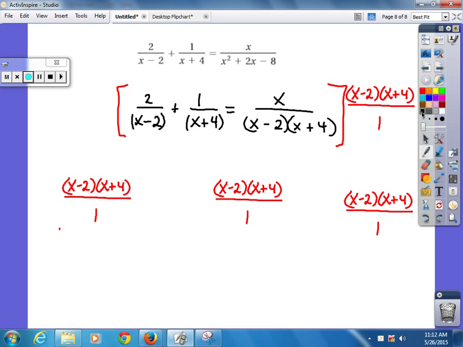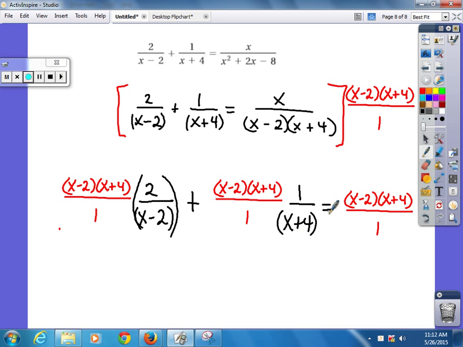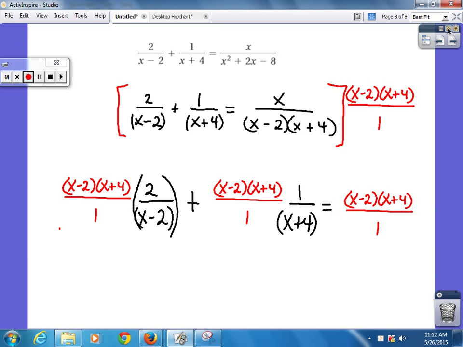All right. Things I do to try to get points across on the wall. Two over x minus 2 plus 1 over x plus 4 equals x over x minus 2 times x plus 4.